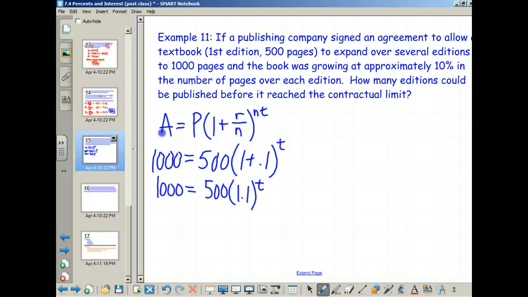Okay? So it works out that right here, this t can be 7. I found out t can be 7. So I can actually have 8 editions of the book.